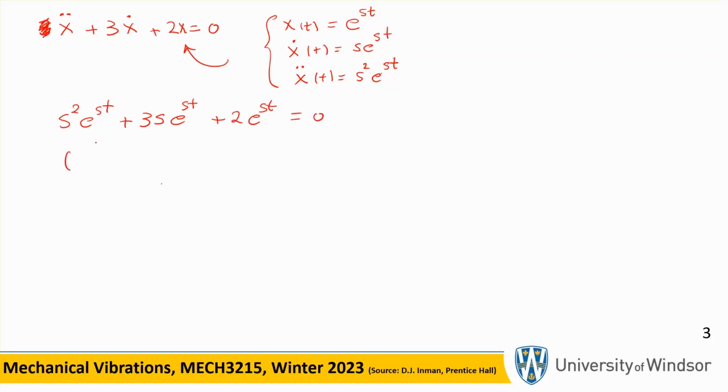Now notice that I can factor out e to the st, so I'm going to get s squared plus 3s plus 2 times e to the st equal to 0.